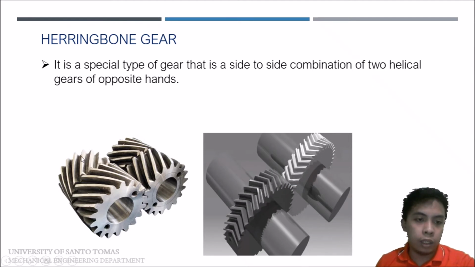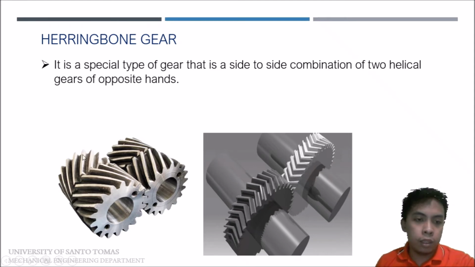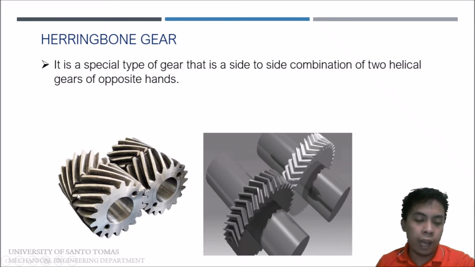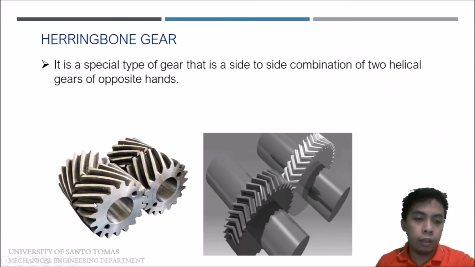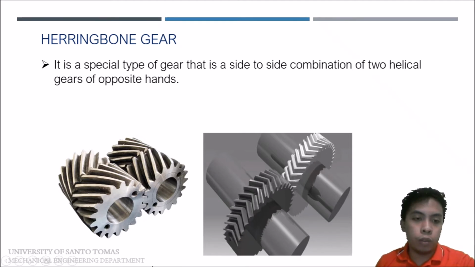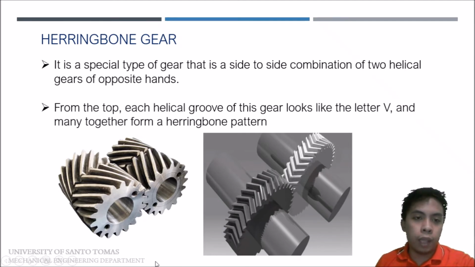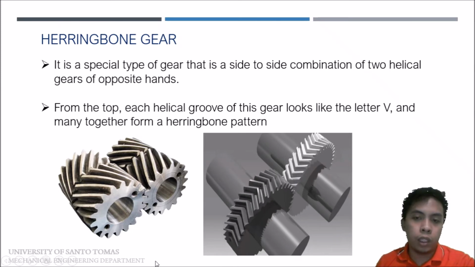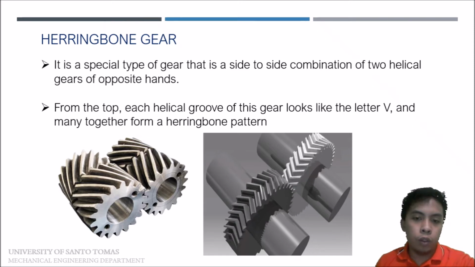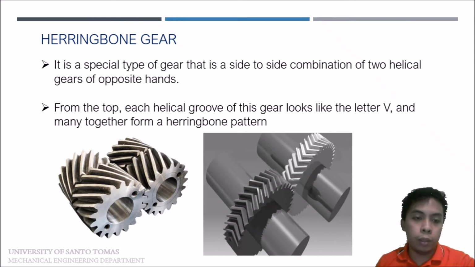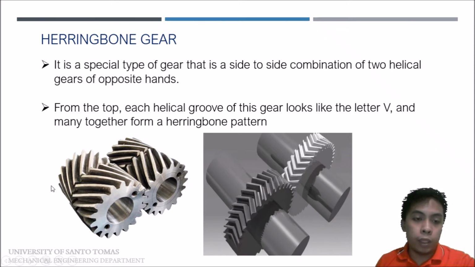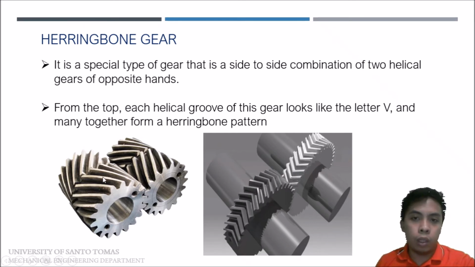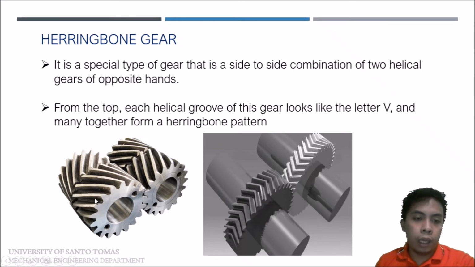For instance, in this part, we have a left hand slanting position of a helical gear, and the other one has a right hand slanting position. From the top, each helical groove of this gear looks like a V, and many together form a herringbone pattern. That is why it is called a herringbone pattern, because of the geometry formed between those two opposite hand helical gears.